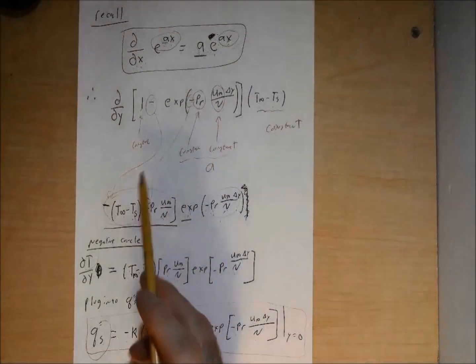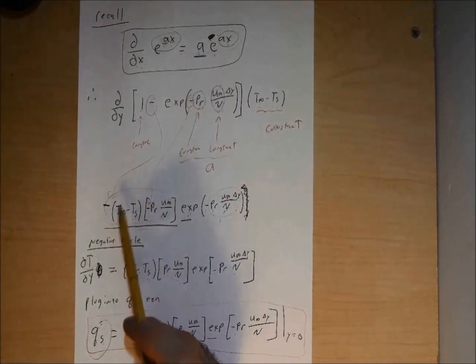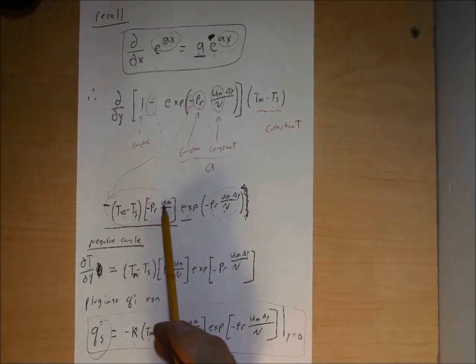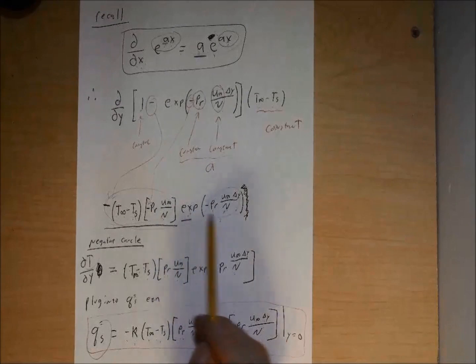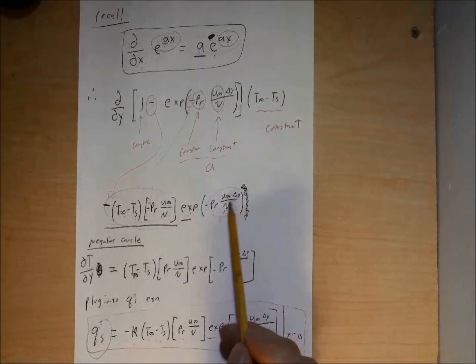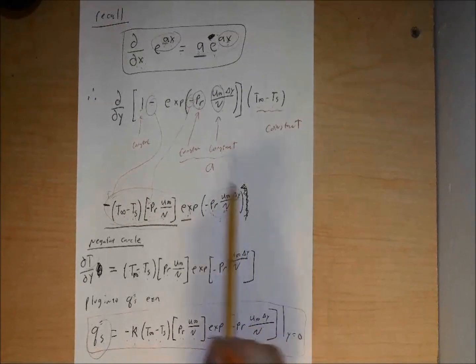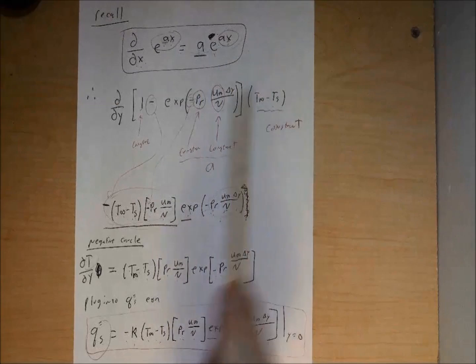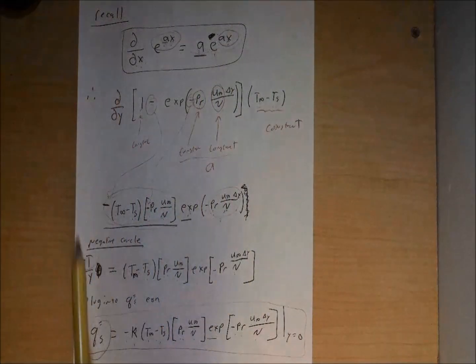So once we carry down our negatives, we have negative T infinity minus Ts times negative Pr times u infinity over v, times e to the negative Pr u infinity delta y over v. So now we have our solution in this general form from calculus, from when we took the partial with respect to y.